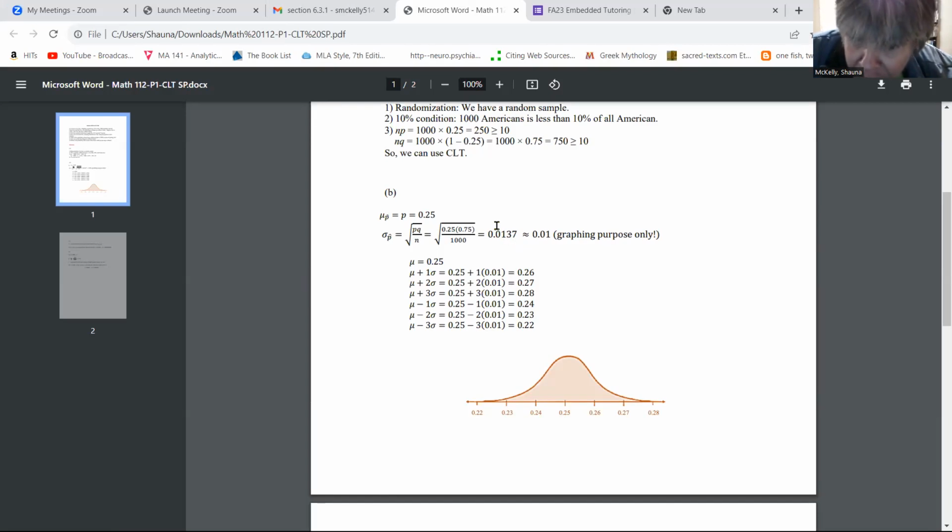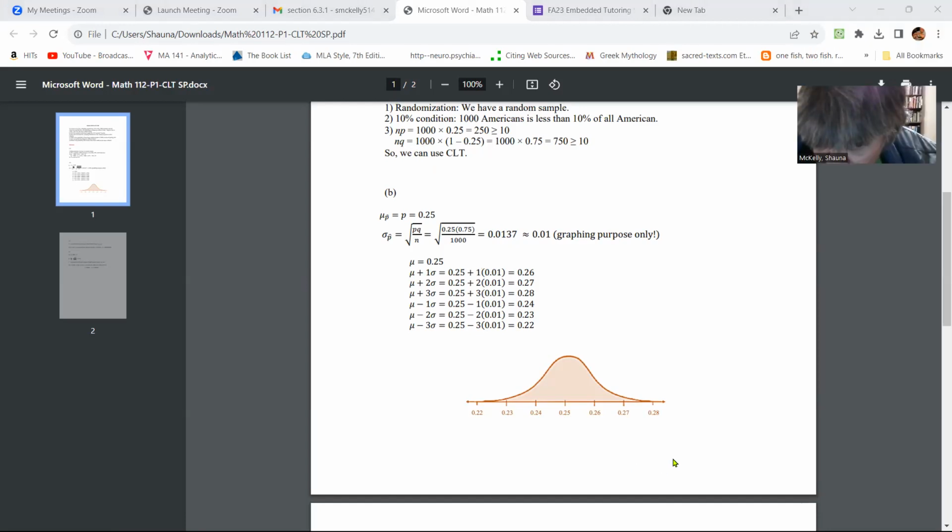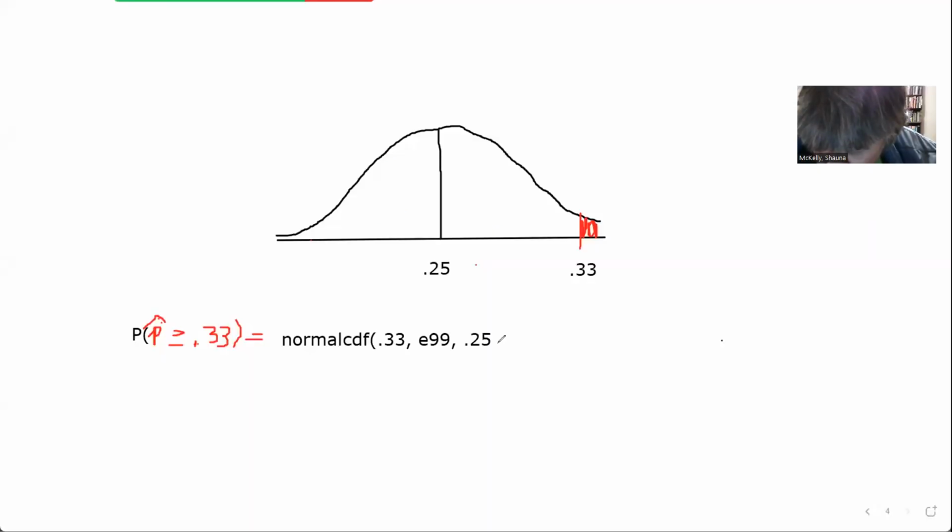But here, use 4 and come back and use this number. So this is 0.0137. That's what we're going to use in our probability. So we have 0.25, and then 0.0137.